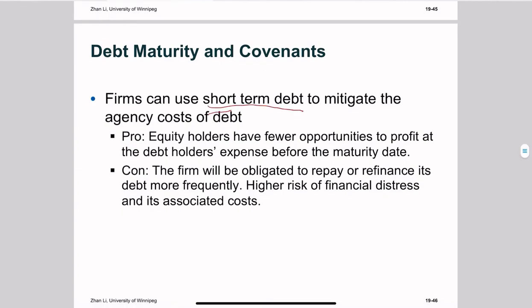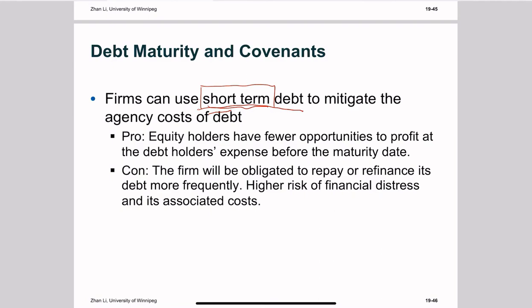So the key here is short-term, right? Because these debts have short maturities. It basically means shareholders don't have enough time or enough opportunities to profit at the expense of debt holders. And of course, there is a cost if the firm only uses short-term debt.